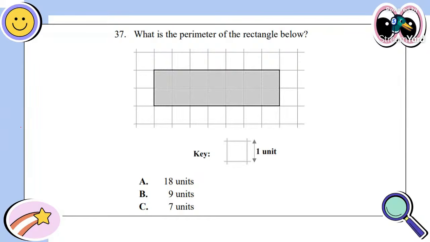All right, so let's count. 1, 2, 3, 4, 5, 6, 7, 8, 9, 10, 11, 12, 13, 14, 15, 16, 17, 18. That's the total distance around. So the total distance around will be 18 units.